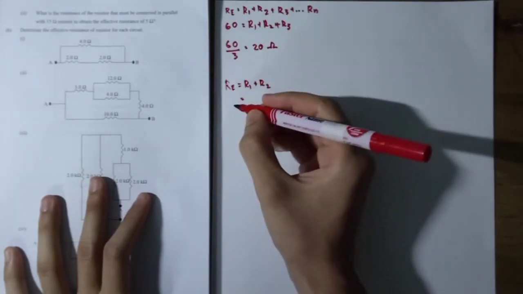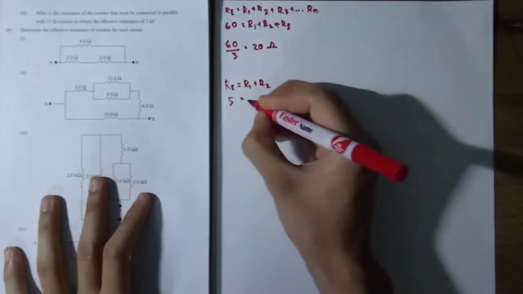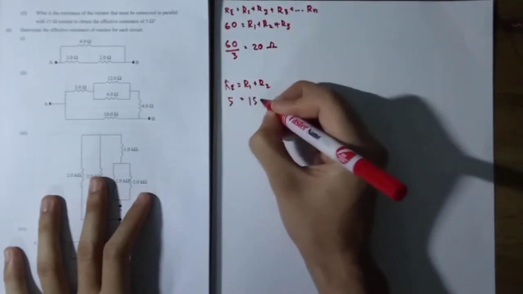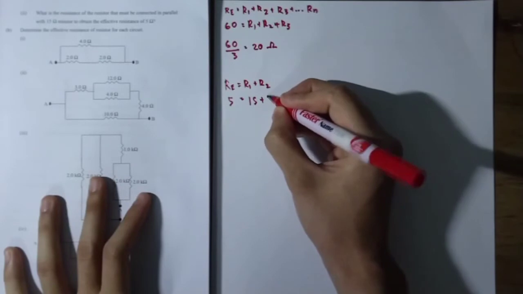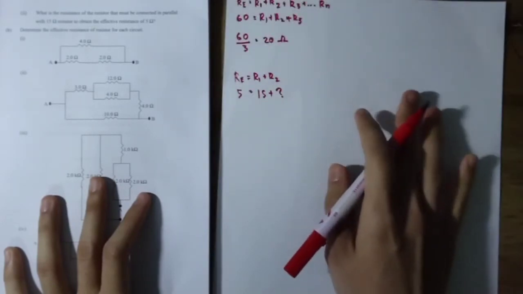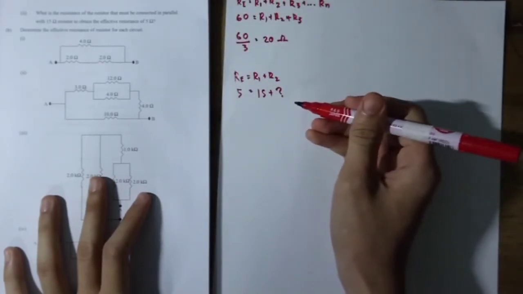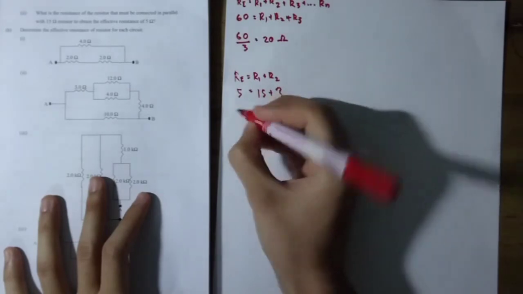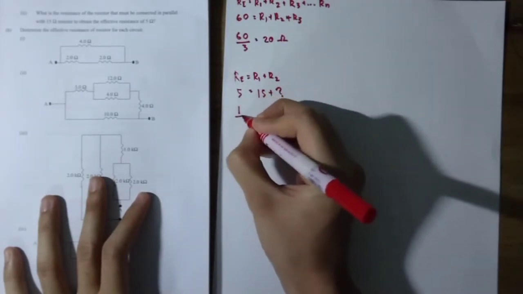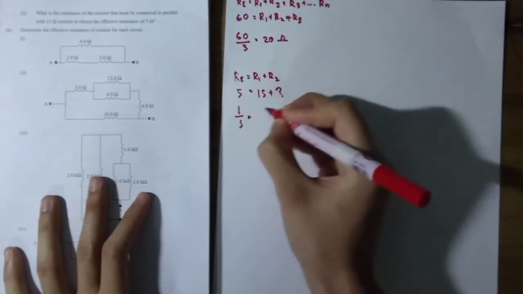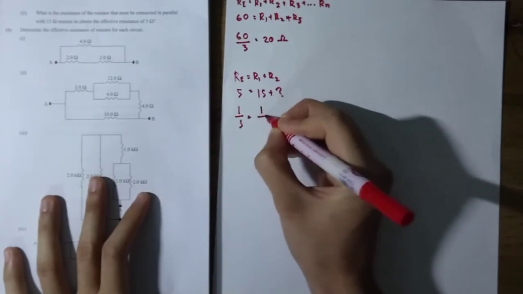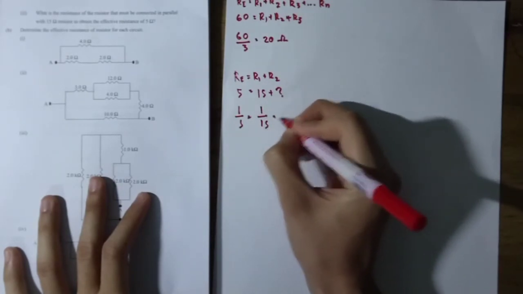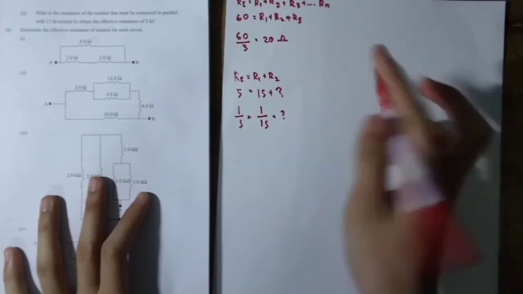R effective is 5, R1 is 15, and we do know this value. So in parallel we need to inverse the value. So 5 turns to 1 over 5, 15 turns to 1 over 15, and the unknown.